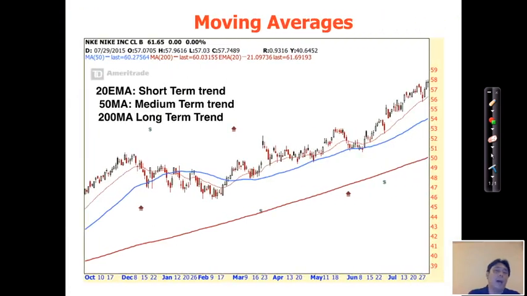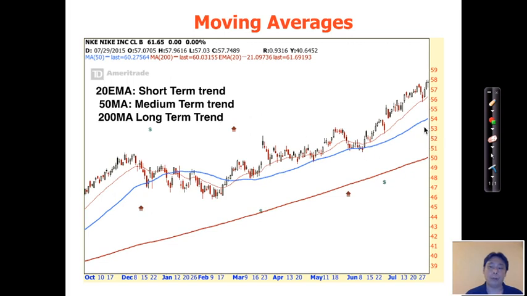A common question asked is, which moving averages do I use? Now, it depends on the time frame. In general, I use the 20 exponential moving average to look at the short-term trend of a stock. I use the 50 moving average to look at the medium-term trend, and the 200 moving average to look at the long-term trend.